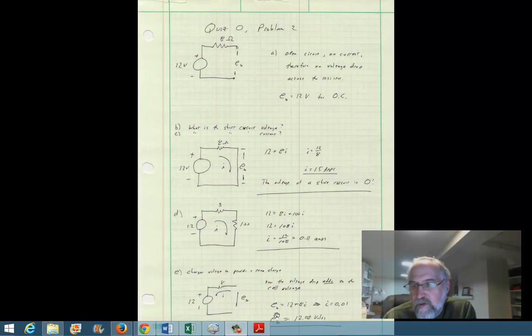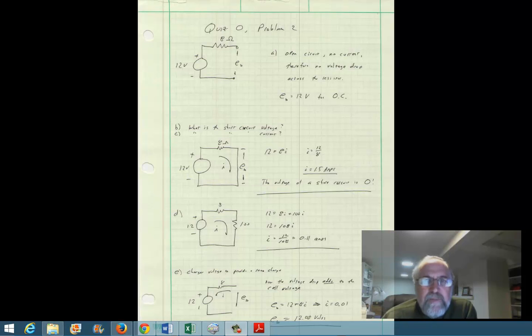Now it adds in. So the answer is the battery charger voltage is equal to 12 plus 8I. And I is equal to 10 milliamps, which is 0.01 amps. So the answer is 12.08 volts. That's the voltage you would have to apply to make that happen.